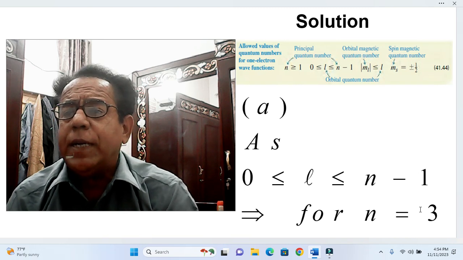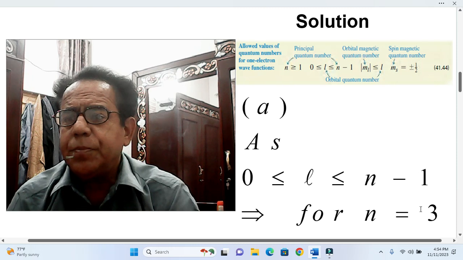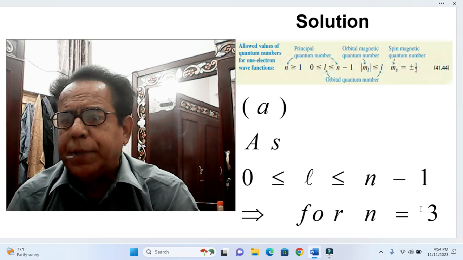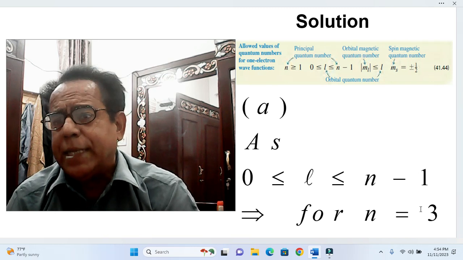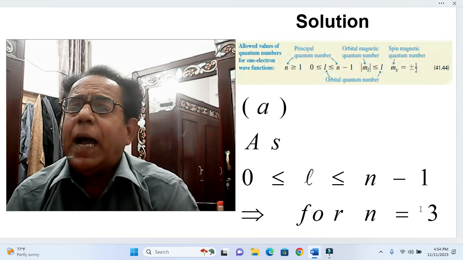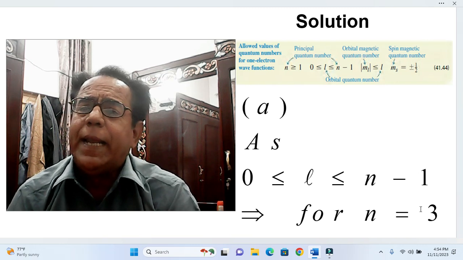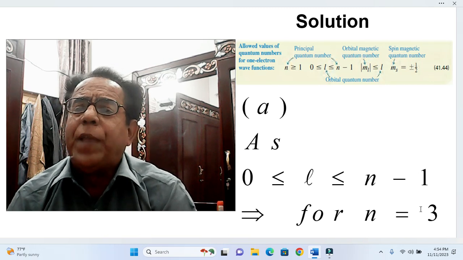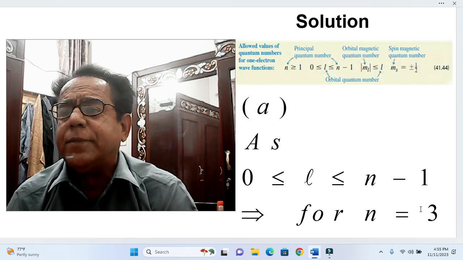Now we come towards small l, the orbital quantum number. Small l is at the most equal to n minus 1, and on the other hand is either equal to or greater than 0. So the value of small l is between 0 and n minus 1.